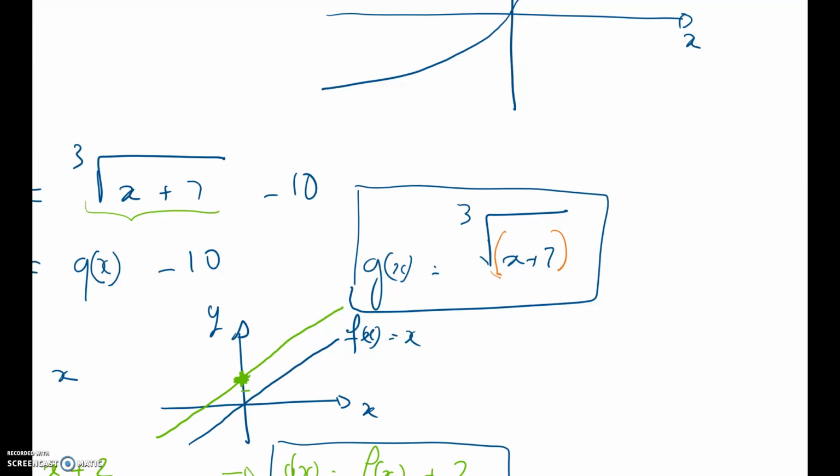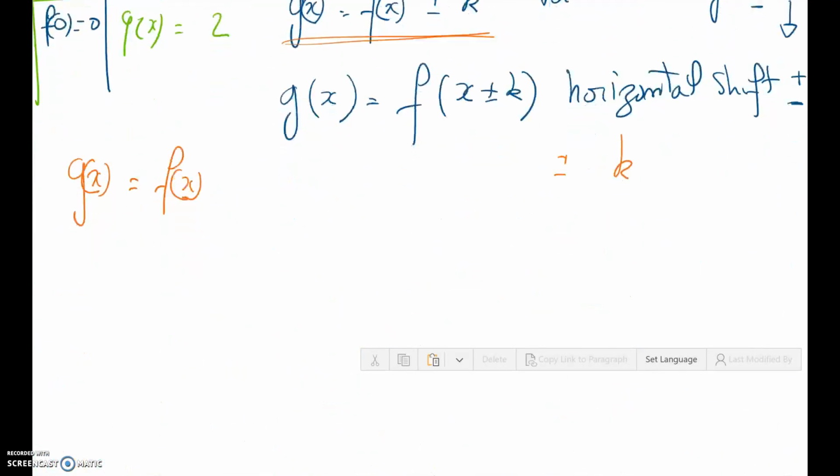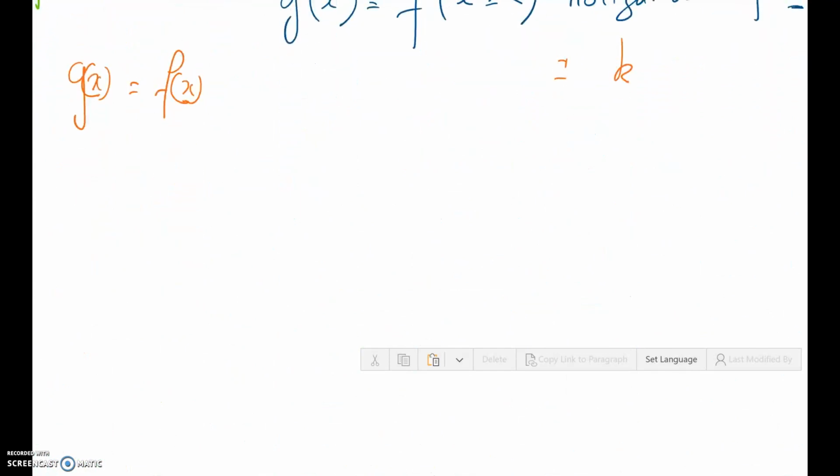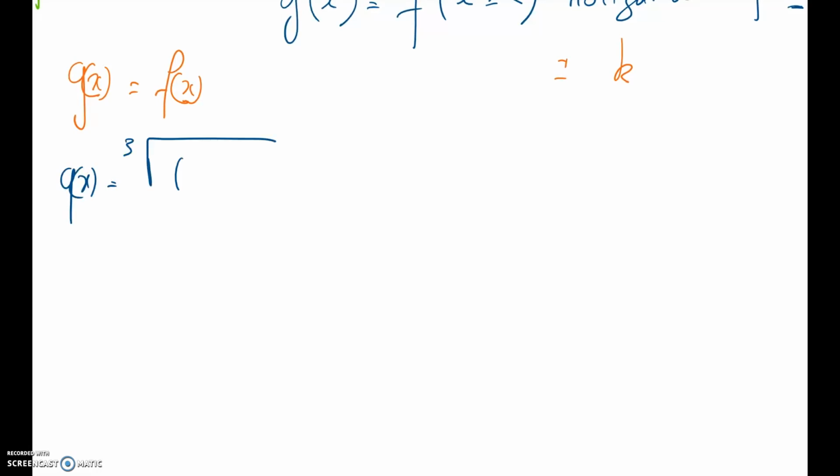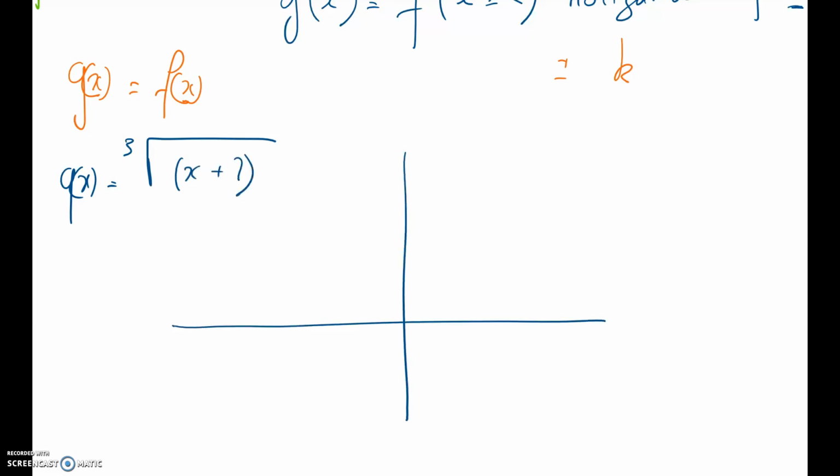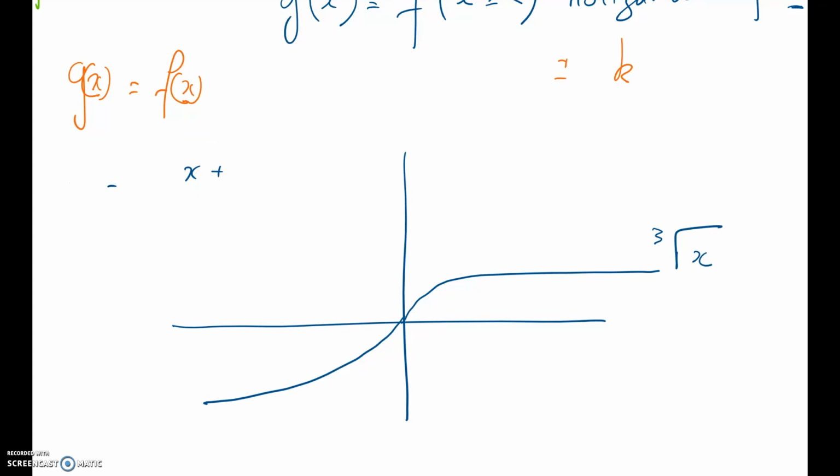So right now, if you have to graph g of x equal the cubic root of x plus 7, from the expression right here, cubic root of x plus 7, let's use another color.